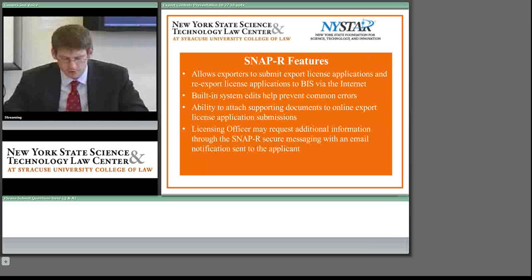SNAP-R allows exporters to submit, among other things, export license applications, re-export license applications, and associated supporting documents to the BIS via the Internet. The system's features include built-in system edits that prevent common errors, the ability to attach supporting documents to the export license application, and the ability for the licensing officer to request additional information through the SNAP-R secure messaging with an email notification sent to the applicant.